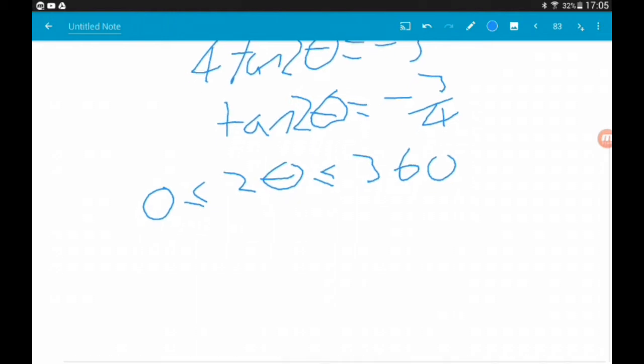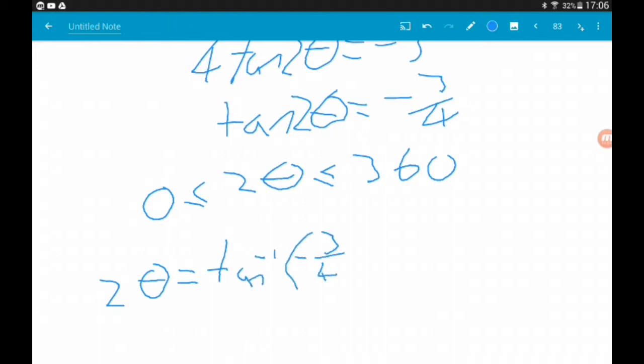So, 2 theta is equal to the inverse tan of minus 3 quarters. To the nearest degree, that gives us minus 37. So we've got a bit of a problem there. That is not in the interval that 2 theta is allowed to be in, so that doesn't actually count as a solution.